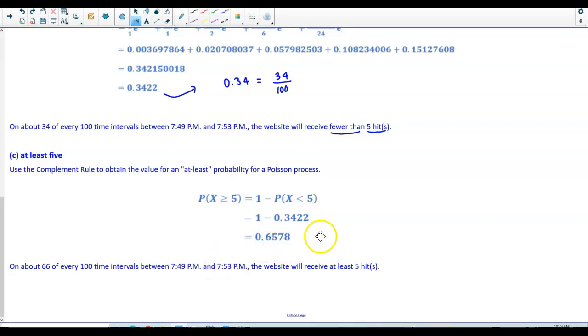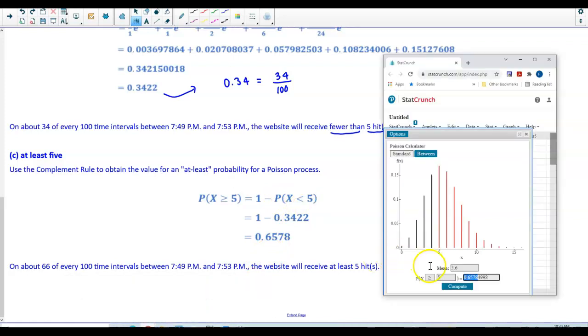Now another way to look at this is we take 1 and then subtract the probability of x being less than 5. If we put in less than 5, you can see that we get the same result that we get over here, which is 0.3422.